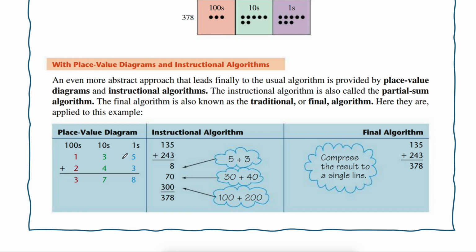So again, when you're teaching, you want to place particular emphasis on the place values. You want to show 5 and 3 is 8. That's in the ones place. When you're adding the 3 and 4 and getting the 7 all the way here on the right, you're really adding 30 and 40. And the same thing with the hundreds place.